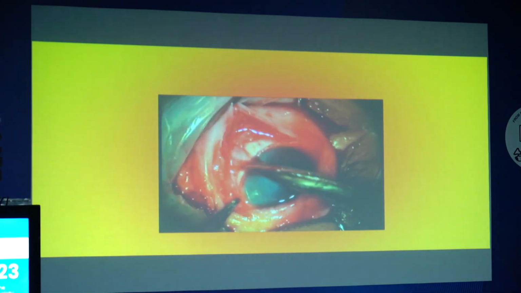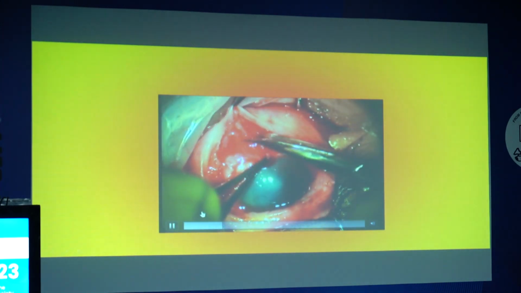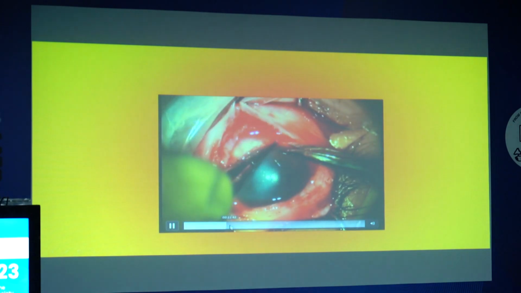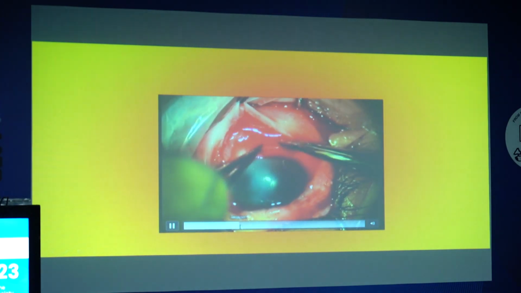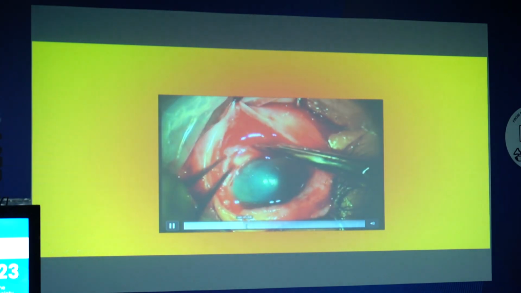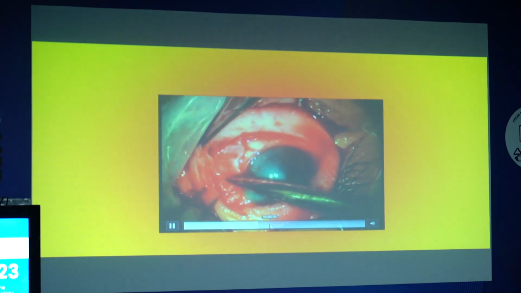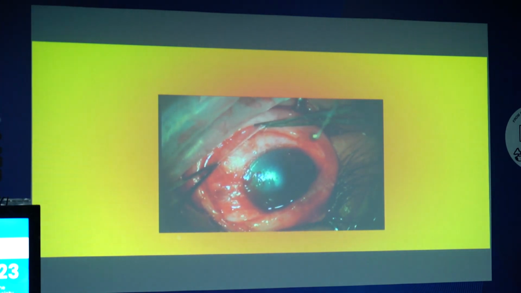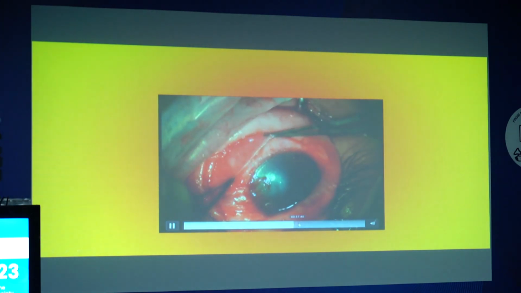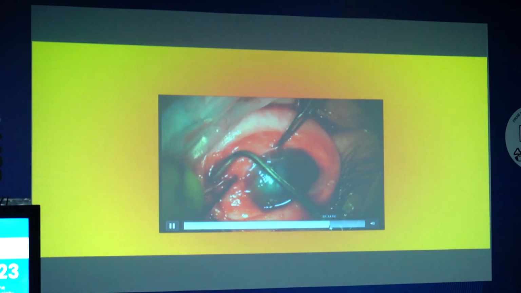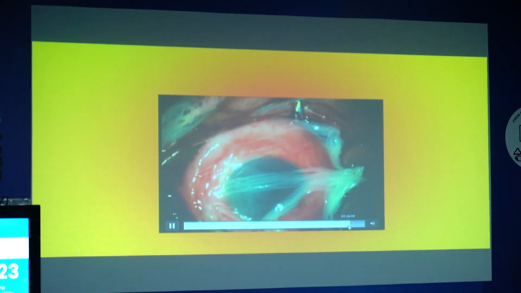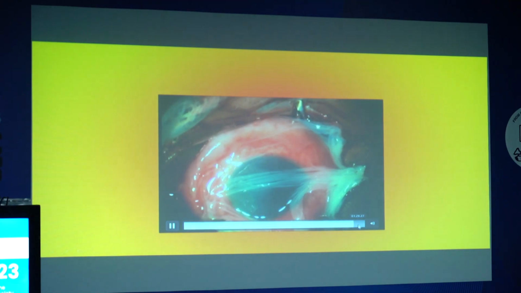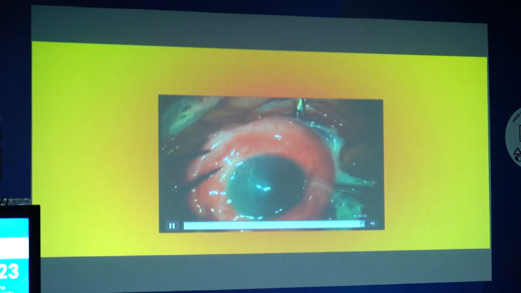So in this case, we remove the conjunctiva and drag the Tenon's, and then you can secure it with fibrin glue, or if you are working in an isolated place and don't have fibrin glue, you can also do the suturing with 8-0 Vicryl. I am here with the fibrin glue. Along with that, AMT has been placed and surgery has been completed.